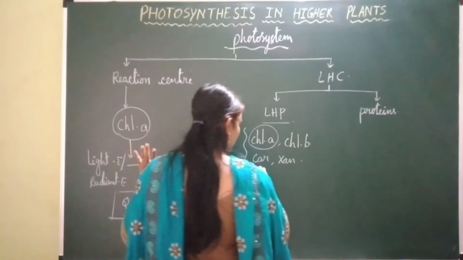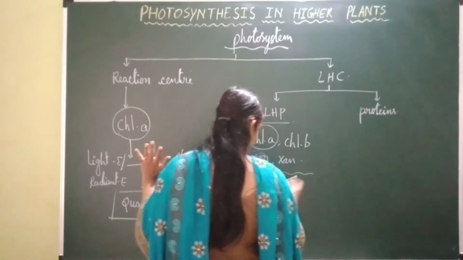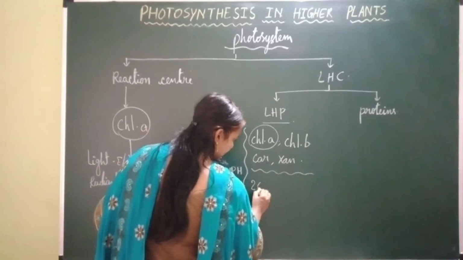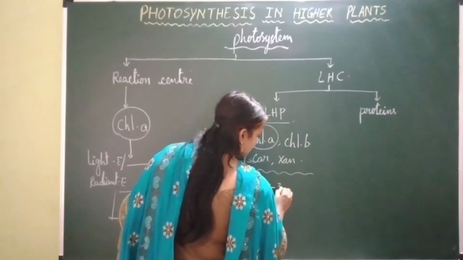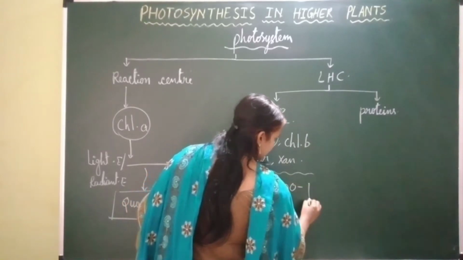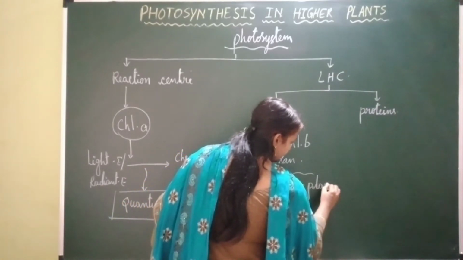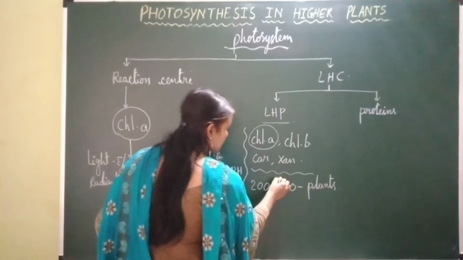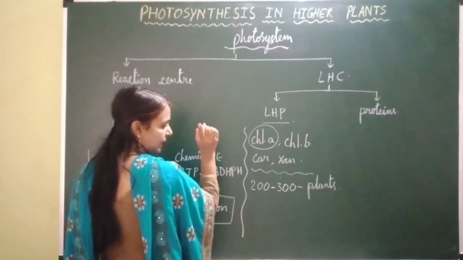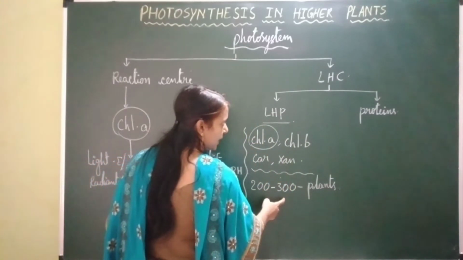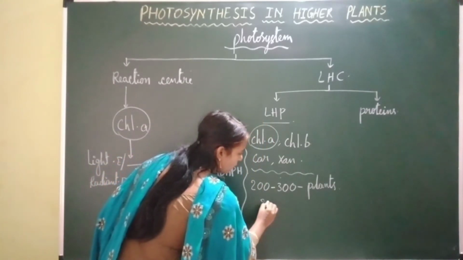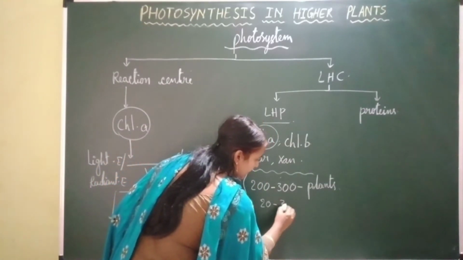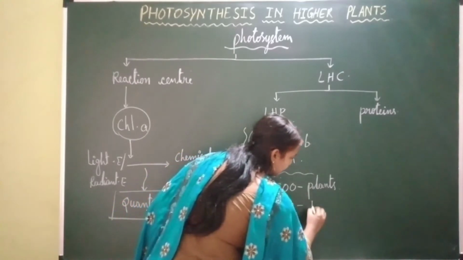The number of these light harvesting pigments present in the light harvesting complex of plants ranges between 200 to 300. So in plants, one light harvesting complex present in one photosystem consists of 200 to 300 light harvesting pigments. Whereas in bacteria, this number ranges between 20 to 30.